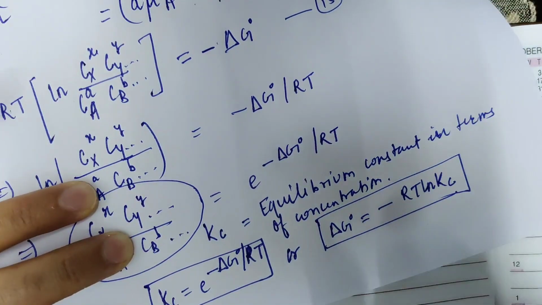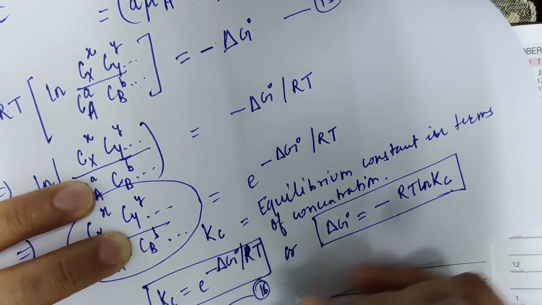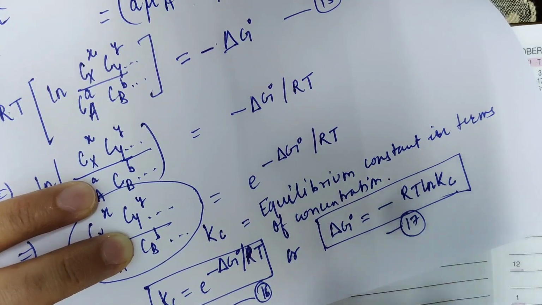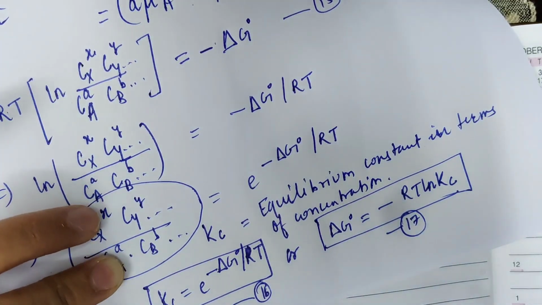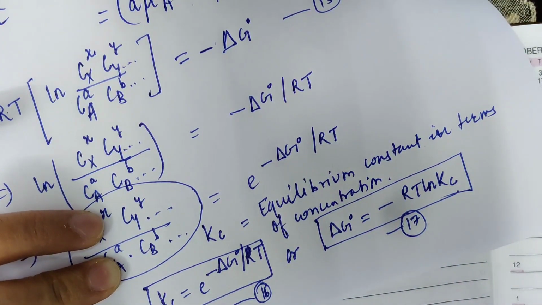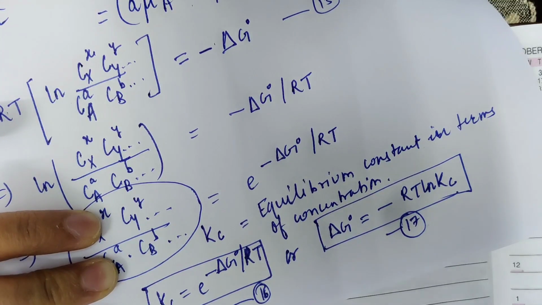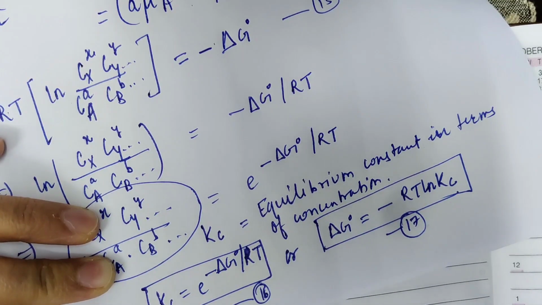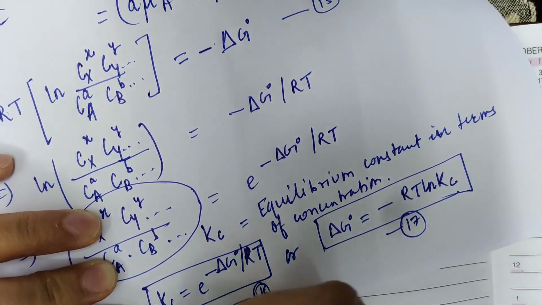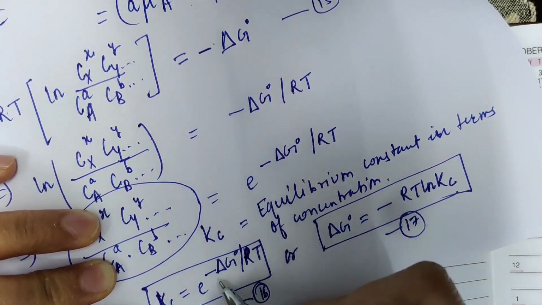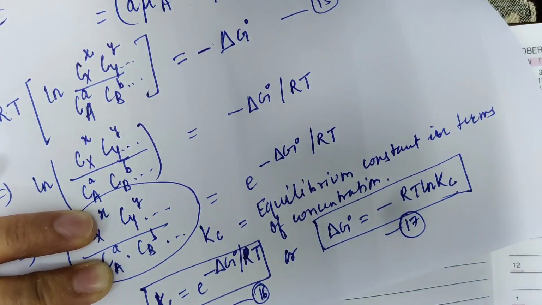Alright, so let's say this is our 16th equation and this is our 17th equation. This is deriving the equilibrium constant in terms of thermodynamics. So we are getting the equilibrium constants in terms of Gibbs free energy.